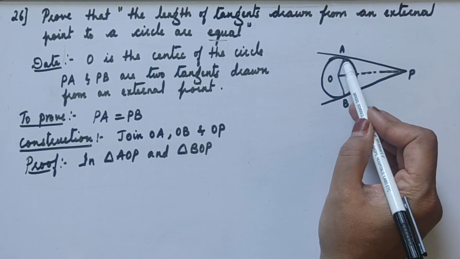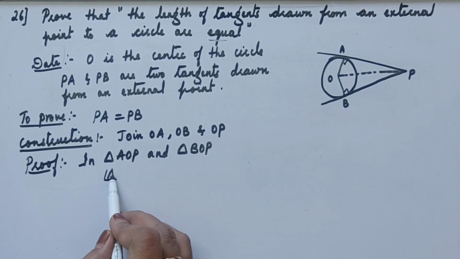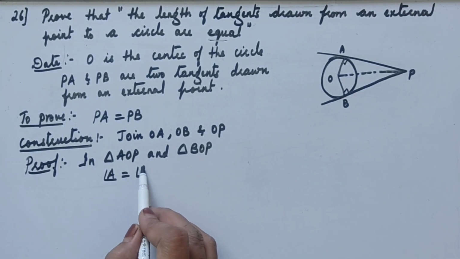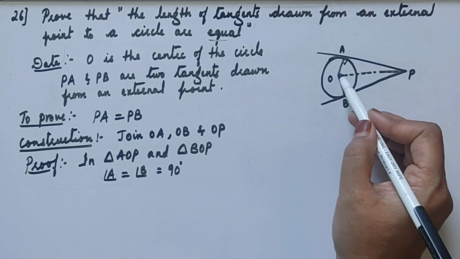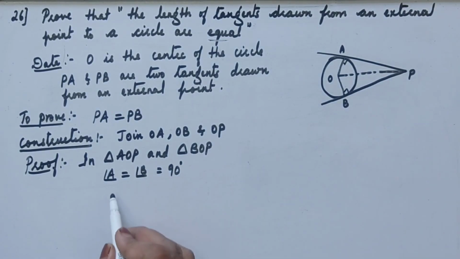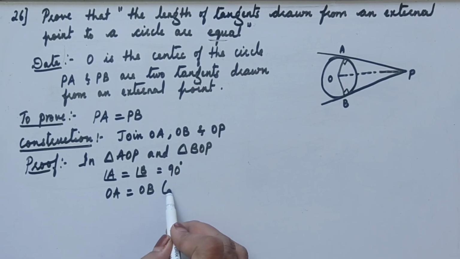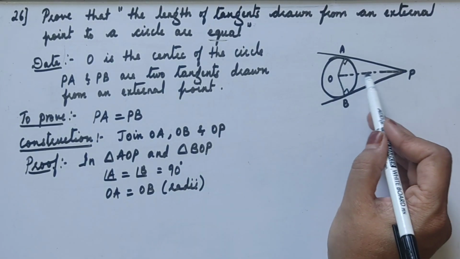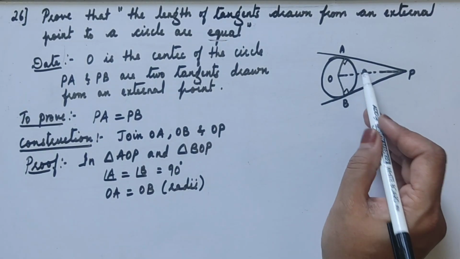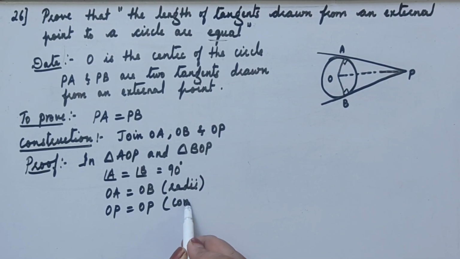As the tangent is perpendicular to the radius, angle A equals angle B, which equals 90 degrees. OA equals OB, they are the radii of the circle. Now OP is common to both these triangles, so OP equals OP, common.